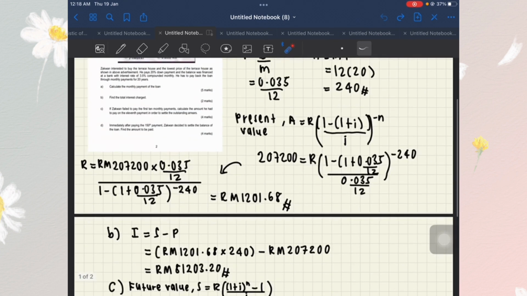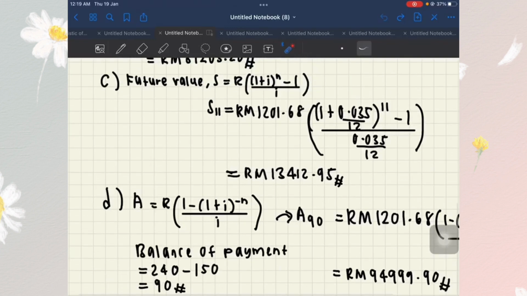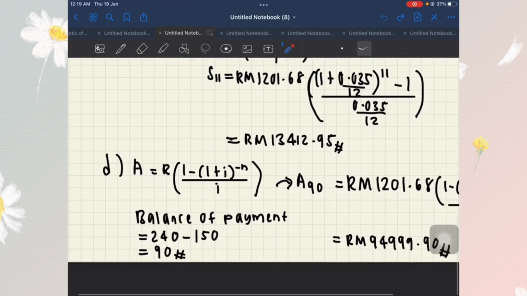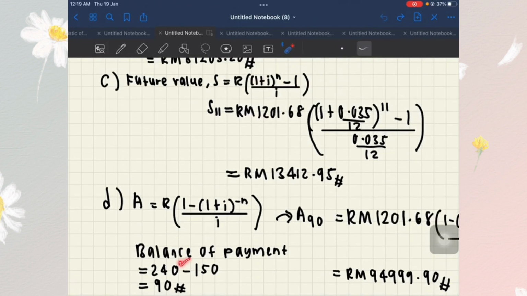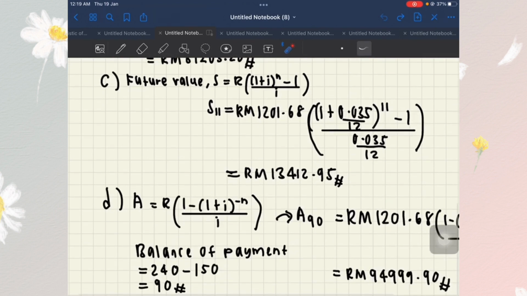And then the last question: immediately after paying the 150th payment, Zakwan decided to settle the balance of the loan. Find the amount to be paid. First thing first, we have to calculate the balance of payments, which is 240, the n, minus 150, because it is immediately after paying the 150th payment, and we will get the balance of payments as 90.